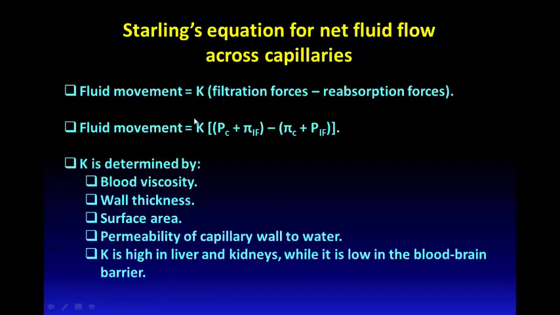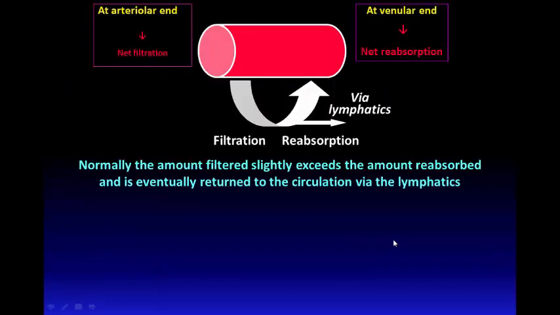The filtration coefficient or the filtration constant K is determined by blood viscosity, the wall thickness, the surface area of the capillaries, and the permeability of the capillary wall to water, and it is high in the liver and the kidneys capillaries, while it is low in the capillaries in the blood-brain barrier.